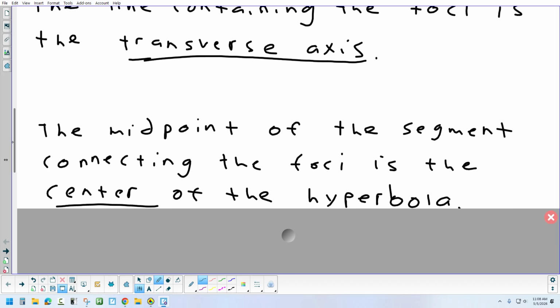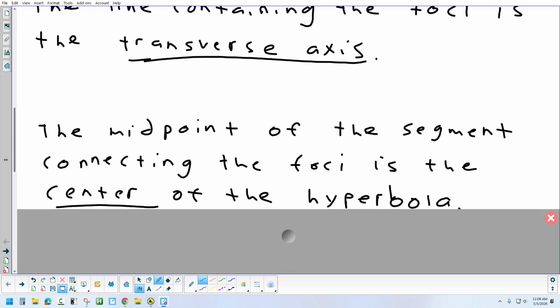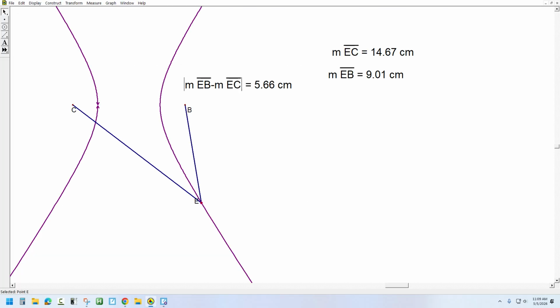If you find the midpoint of the foci, that is called the center. Again, the center is another kind of imaginary point, kind of like an ellipse. It doesn't go through the center. That's right in the middle of your shape. So in this problem, it's not labeled, but the center would be right about there.